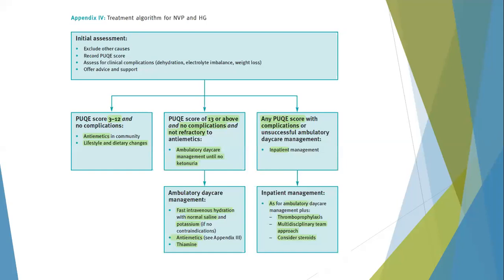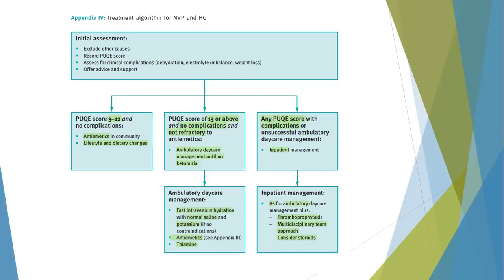This is the treatment algorithm. How do we treat? First, initial assessment, and we have a very long table for initial assessment. After initial assessment, you will have a PUQE score of either 3 to 12, 13 or above, or any score with complication or unsuccessful ambulatory daycare management. If it scores 3 to 12, anti-emetic in the community and lifestyle and dietary change.